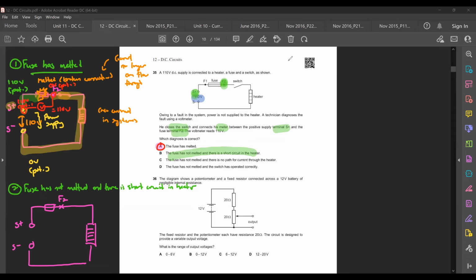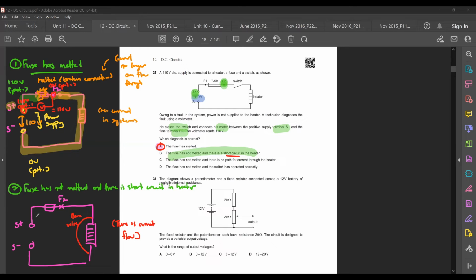And then they tell you that you have a short circuit. You can just imagine right now, when you have a short circuit inside your heater, there could be a bare wire bypassing your heater. You can just think of this as a bare wire bypassing your heater. All right. So in your case here, there is current flow, because you can make a complete circuit here. This is a closed circuit. Current can flow.